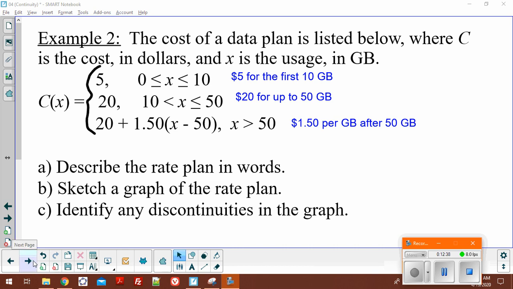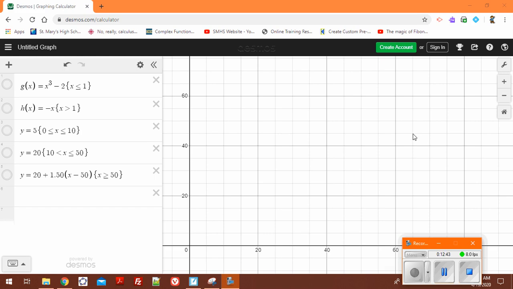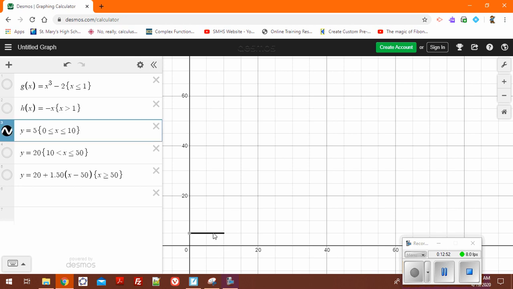Again, I'm going to flip over to Desmos to help me with this. The first part is a constant, right? It's 5, so it's just $5 anywhere between 0 and 10. After which it suddenly jumps to $20. So if you use 10.001 gigabytes, you're suddenly going to find yourself paying 20 bucks. So this is the second part of our graph.